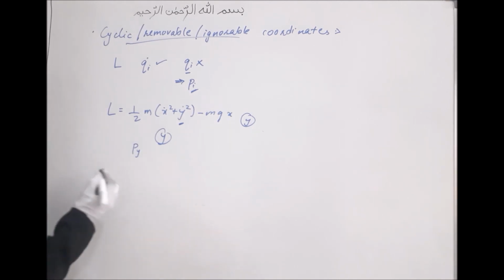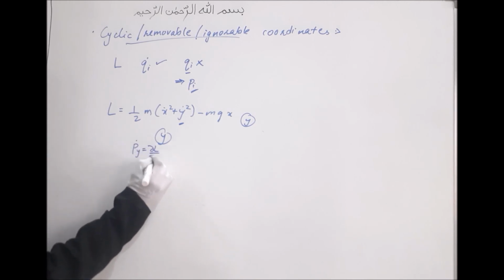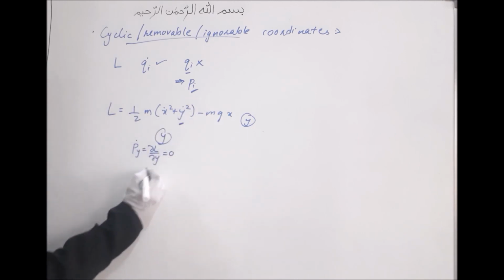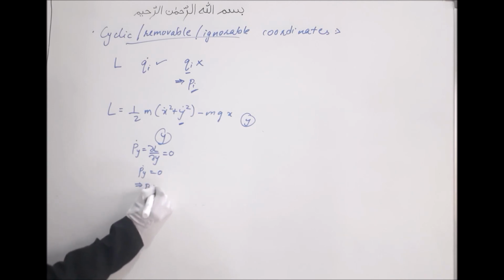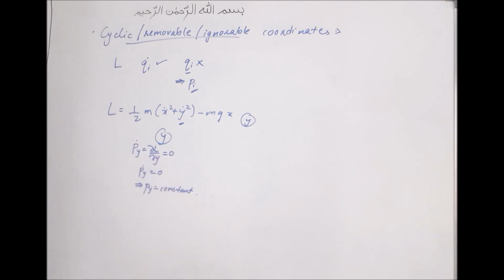I can prove that by taking Py dot as del L upon del y. We know this formula. There is no y term, so del L upon del y is 0. So if Py dot is 0, this implies Py is equal to constant. Thus the corresponding generalized momentum or canonical momentum or conjugate momentum is going to be conserved.